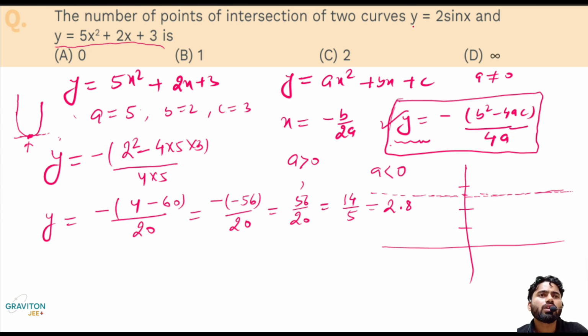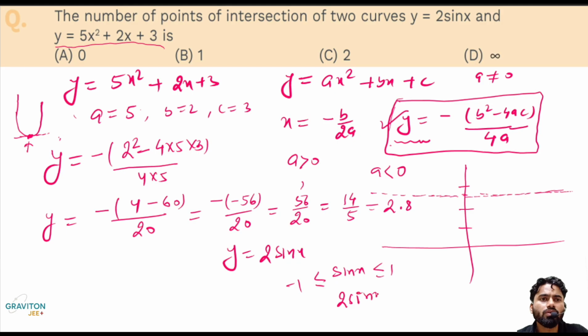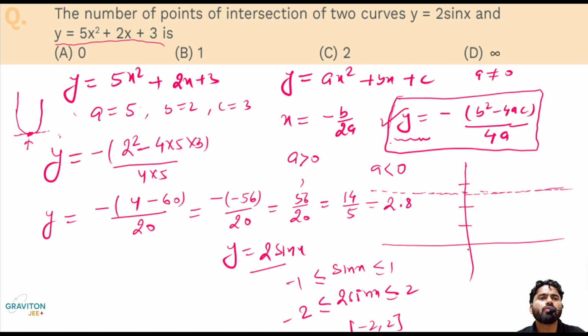And if you look at y equal to 2 sin x, so you know about sin x taking value from minus 1 to 1. So 2 sin x will take value from minus 2 to 2.